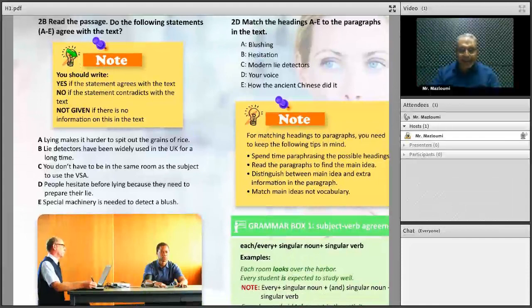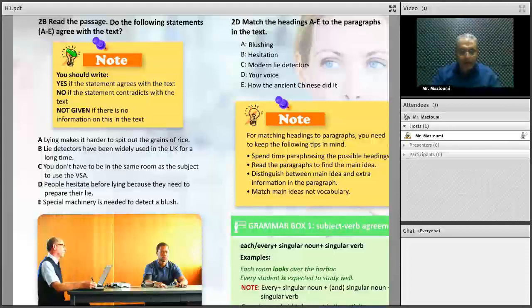You should write yes if the statement agrees with the text. There are 5 statements here, A through E. So, yes means the statement agrees with the text. No, if the statement contradicts the text, if it disagrees with the text.